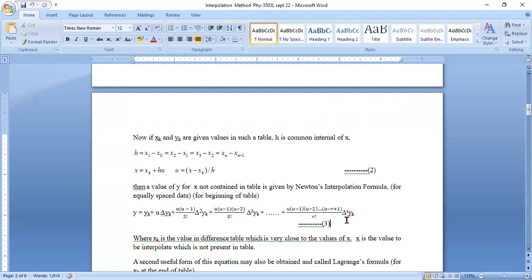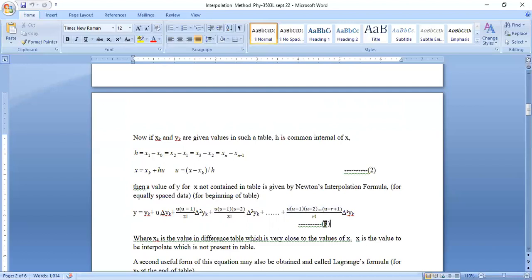Dear friend, the derivation of this Newton formula, equation number 3, is given in the book which I have already mentioned. Please refer to the book Numerical Methods by B.S. Grewal. This book is published by Khanna Publisher. It is a very famous and popular book for numerical methods.